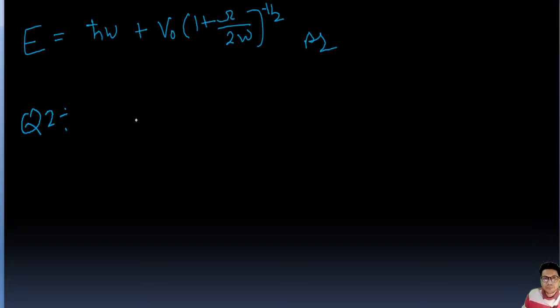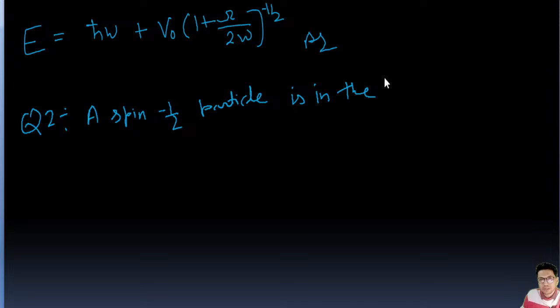A spin half particle is in the state chi equal to 1 upon root 11, (1 plus iota, 3), okay?